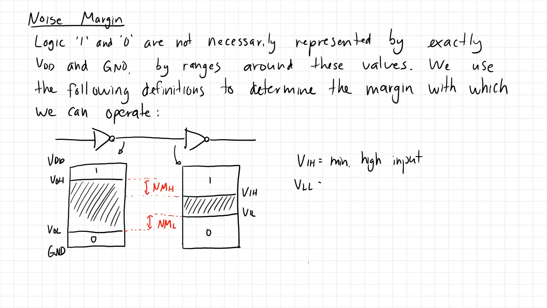VIL is the maximum low input. VOH is the minimum high output. And VOL is the maximum low output.